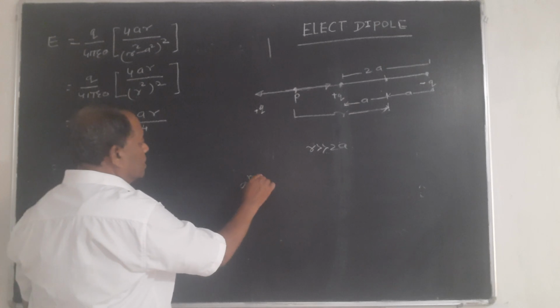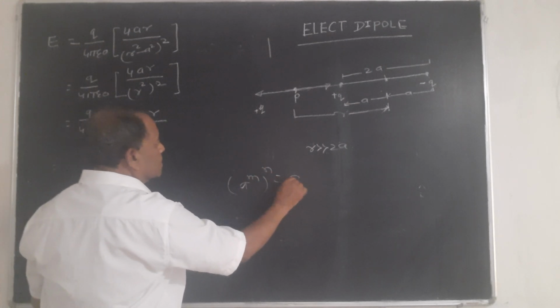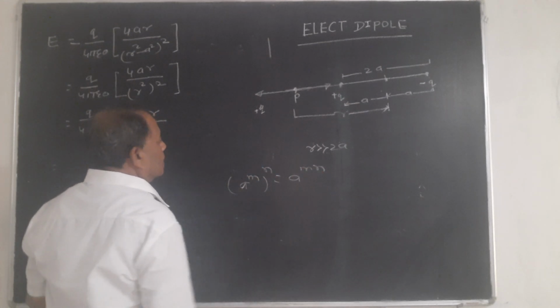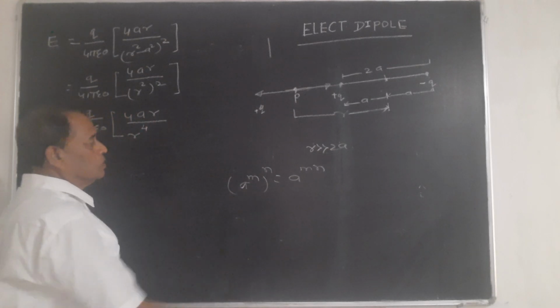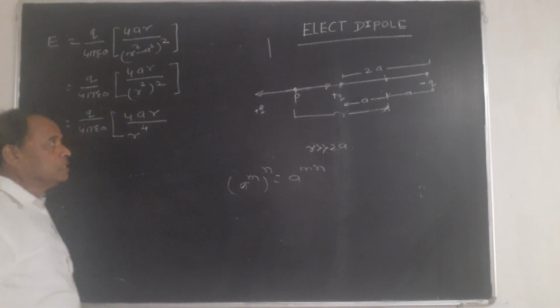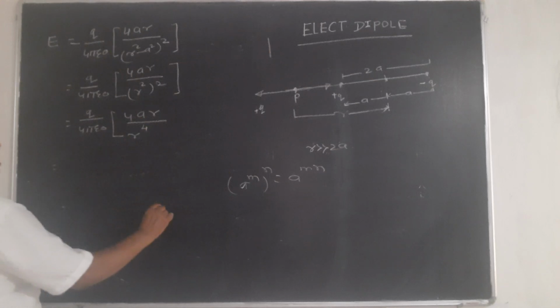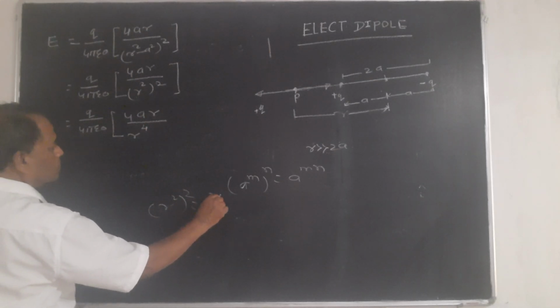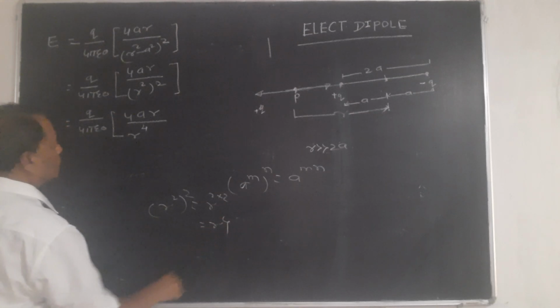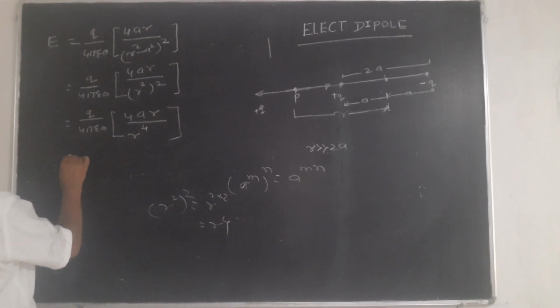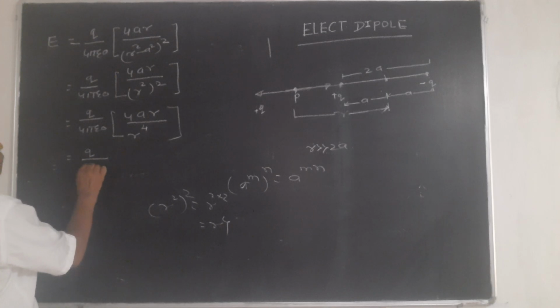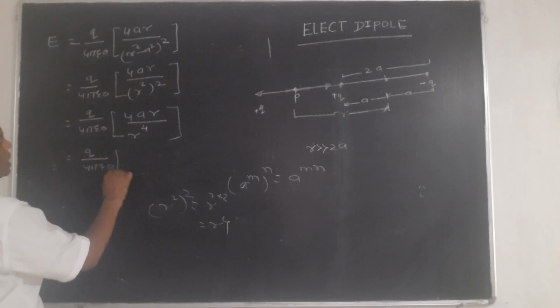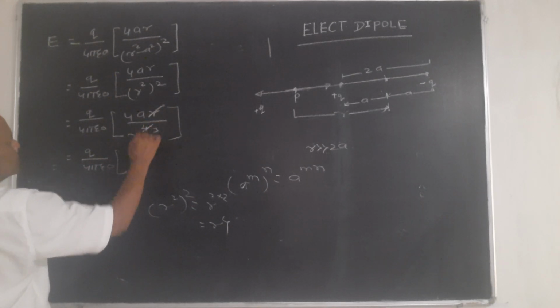This is the formula used: (a raised to m) raised to n gives a raised to mn. So r square into 2 gives r to the 4. One r cancels, and we get r cube.